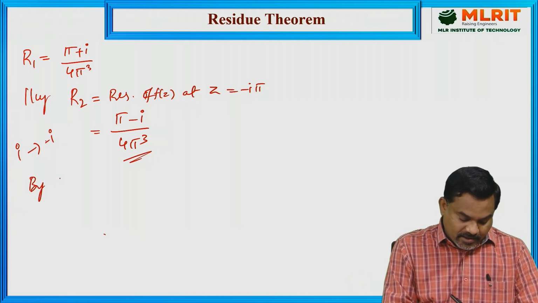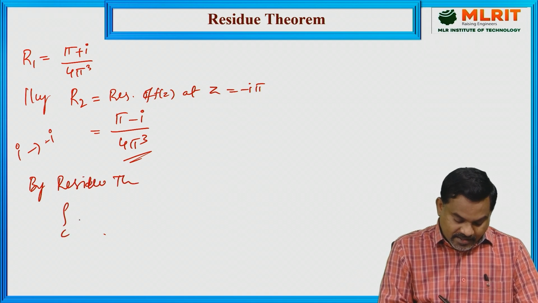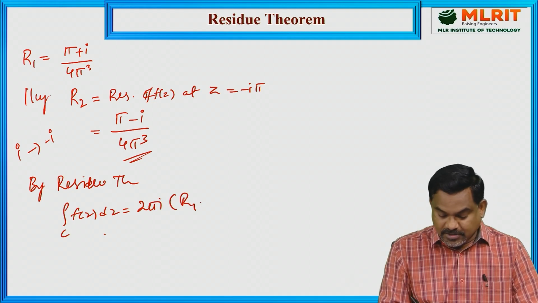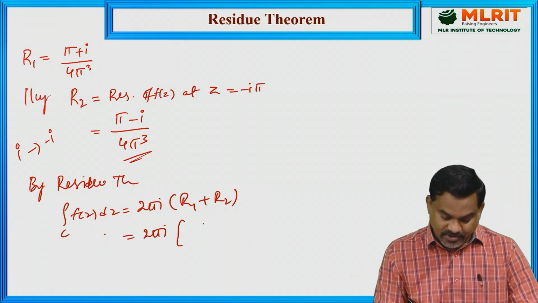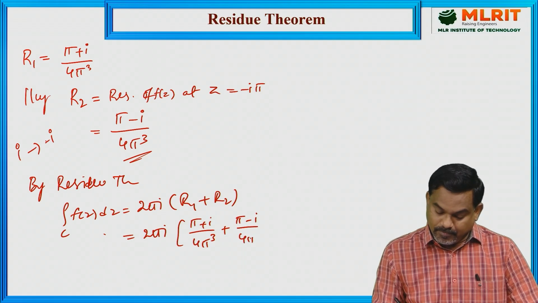Now, by the residue theorem, the line integral of f of z dz is 2πi into the sum of these two residues, R1 plus R2, which is (π plus i) by 4π cube plus (π minus i) by 4π cube.